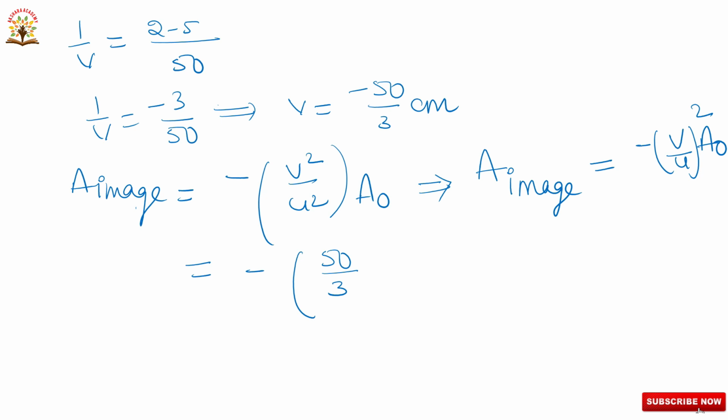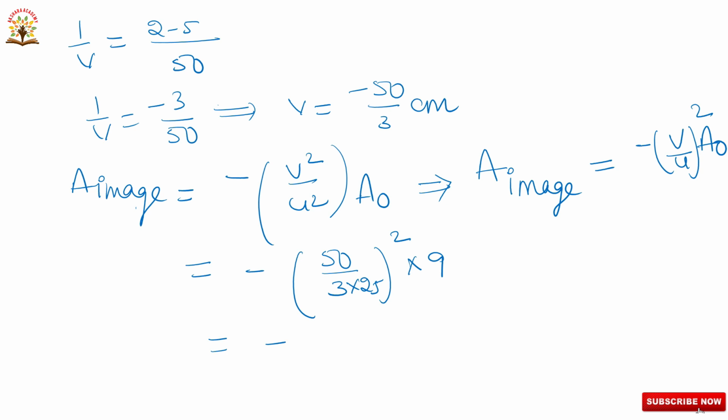So that is equal to minus of 50 by 3 into 25 whole square into 9. Here the square side is given as 3, so 3 square is 9.